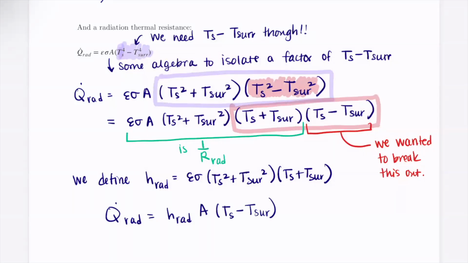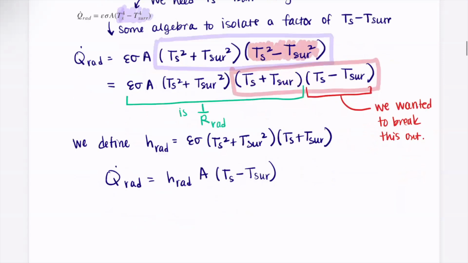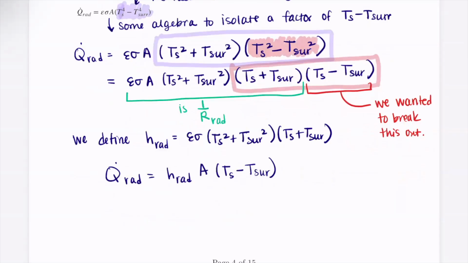All right, so now we have our heat flux due to radiation. That's basically the same shape as what we're seeing for conduction and convection.